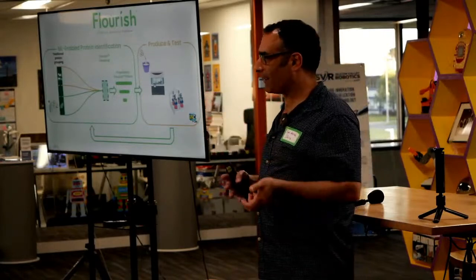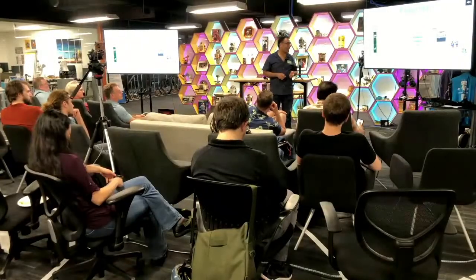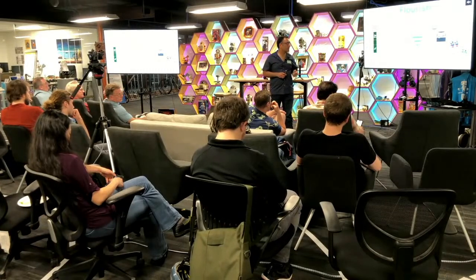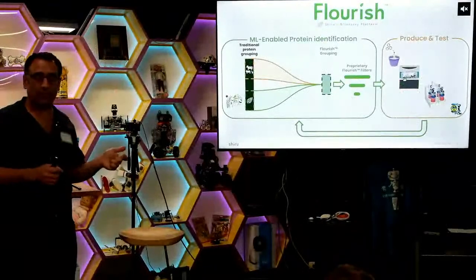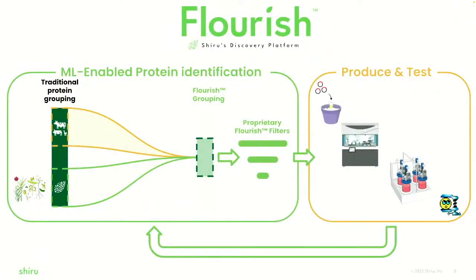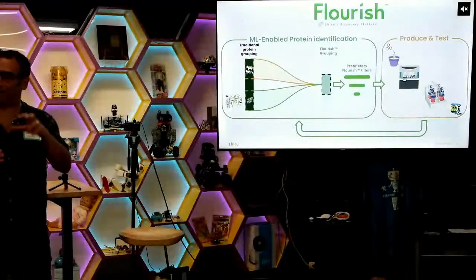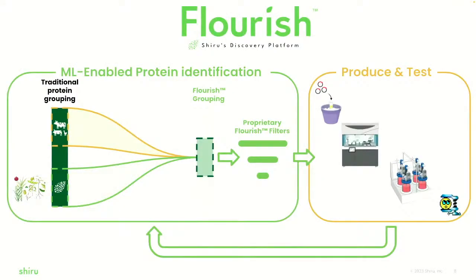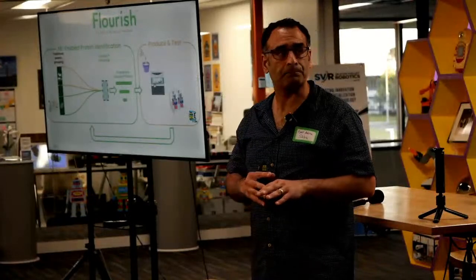It's a very tough challenge, but one of the components in Flourish is a special proprietary grouping algorithm that groups together proteins with a very surprising, pleasantly surprising functional similarity, even though they are not similar in terms of sequence and structure.